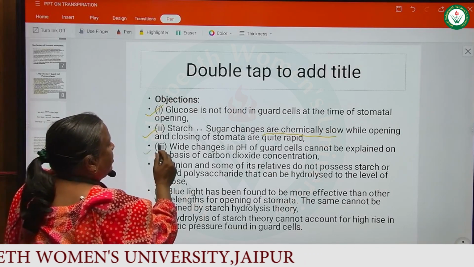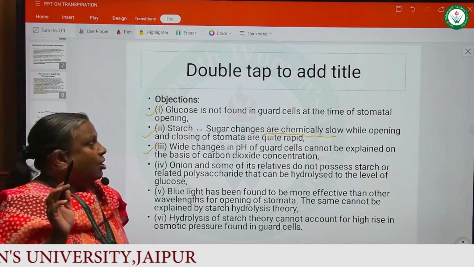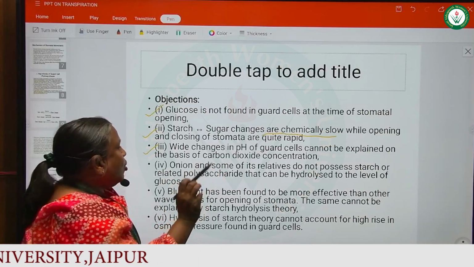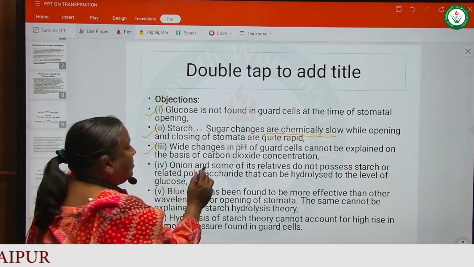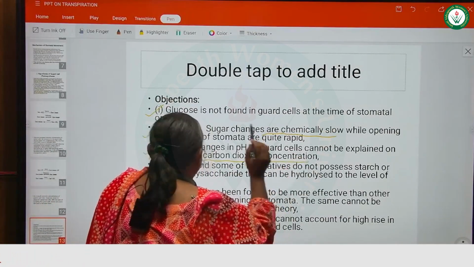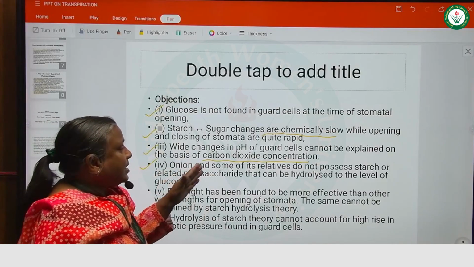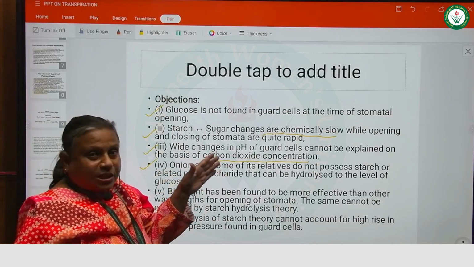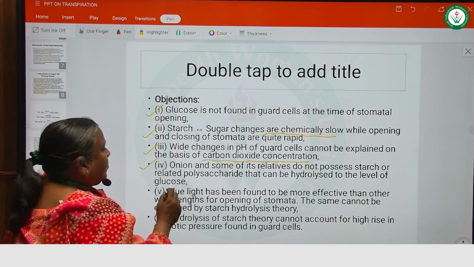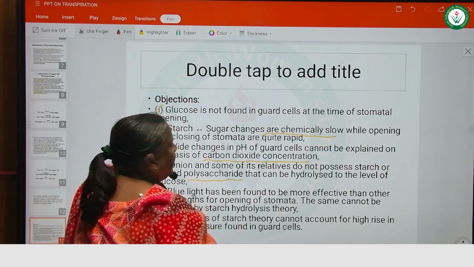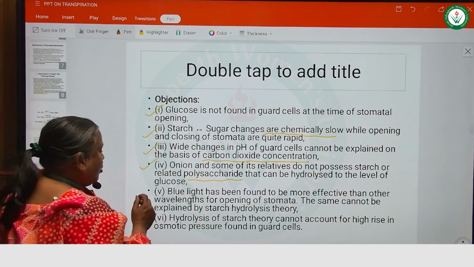Third, wide changes in pH of the guard cells cannot be explained on the basis of carbon dioxide concentration. Fourth, onion and some of its relatives or species do not possess starch or polysaccharides that can be hydrolyzed to the level of glucose.